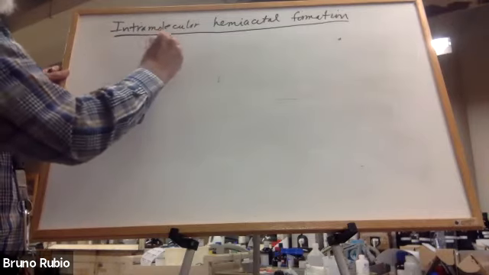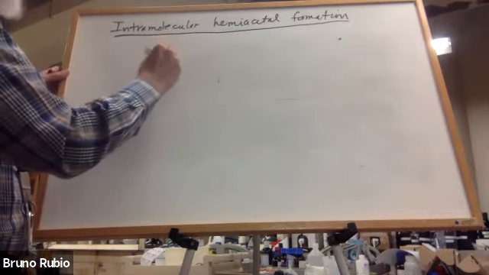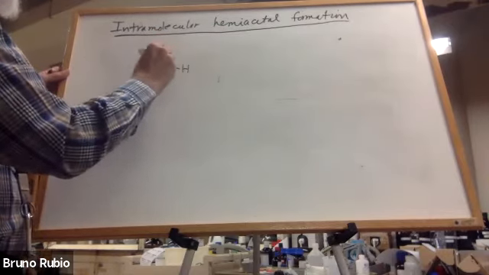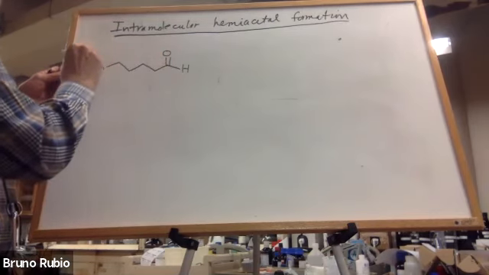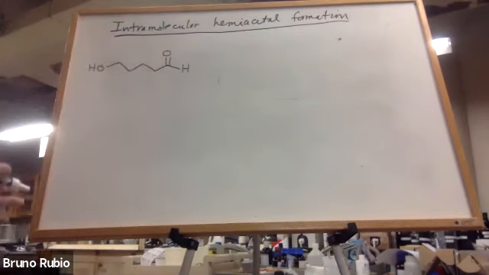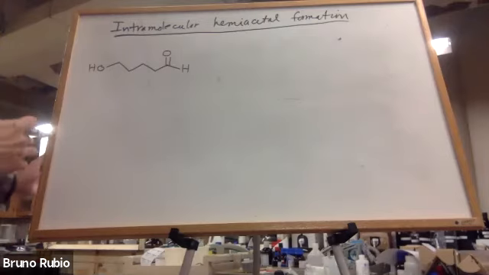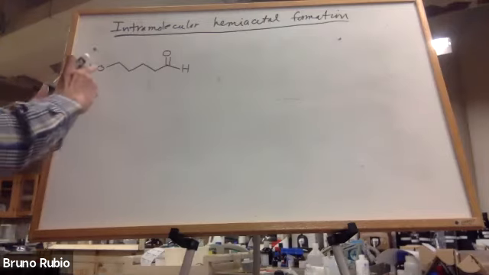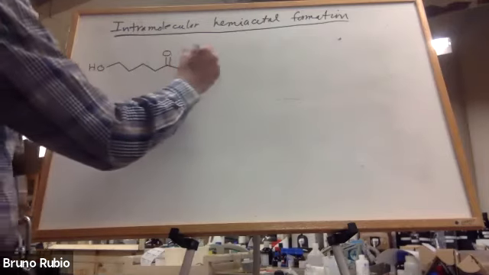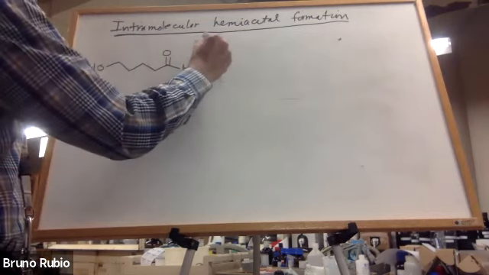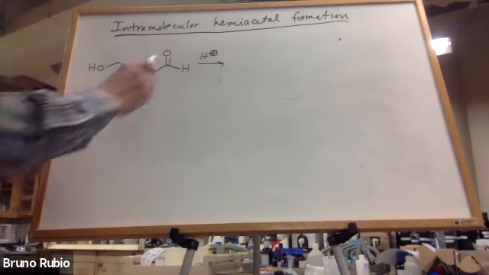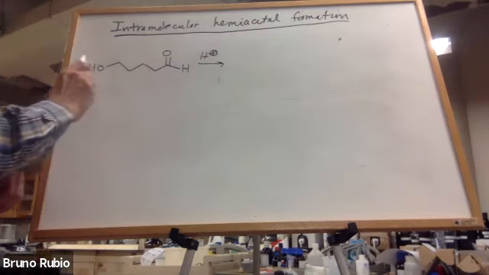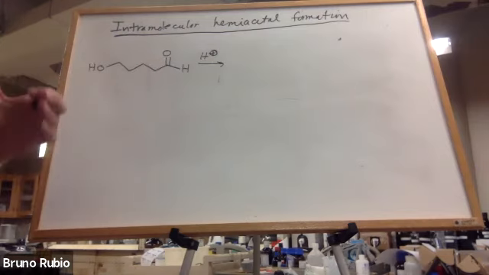Let's see, I'm going to have an aldehyde this time. And down the line on this molecule, I have an OH group. Okay, so now just throw in a pinch of acid. And there's our recipe for a hemiacetal. It's an aldehyde or a ketone and an OH and an alcohol. But in this case, they are on the same molecule.